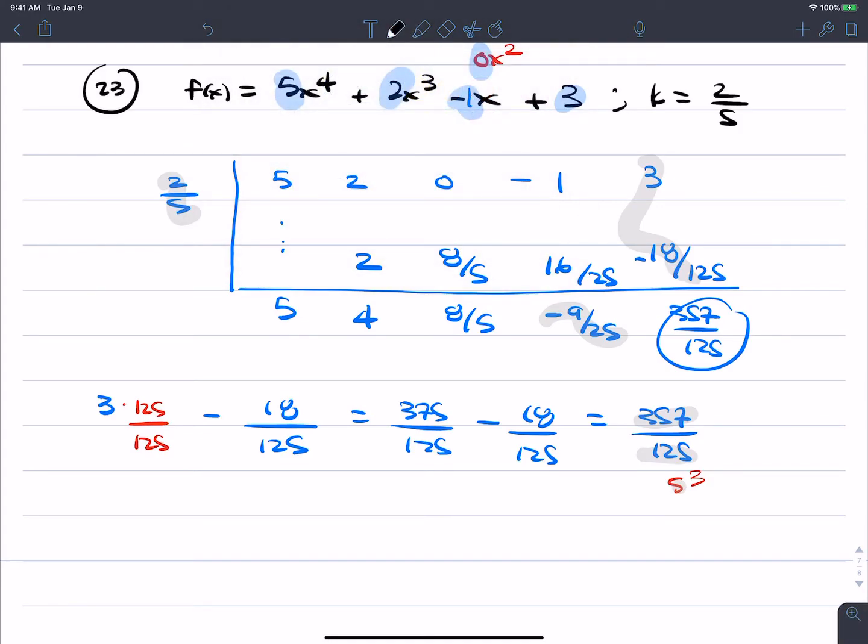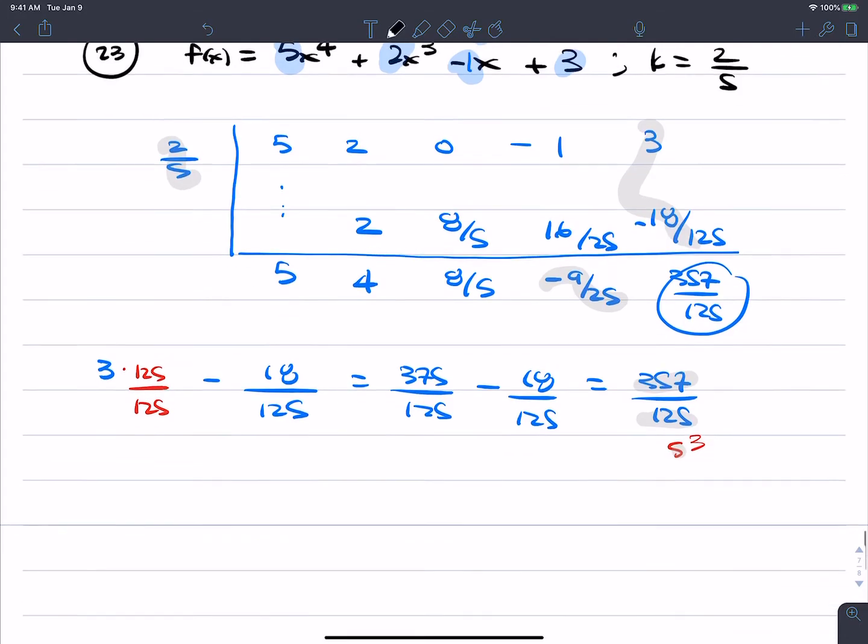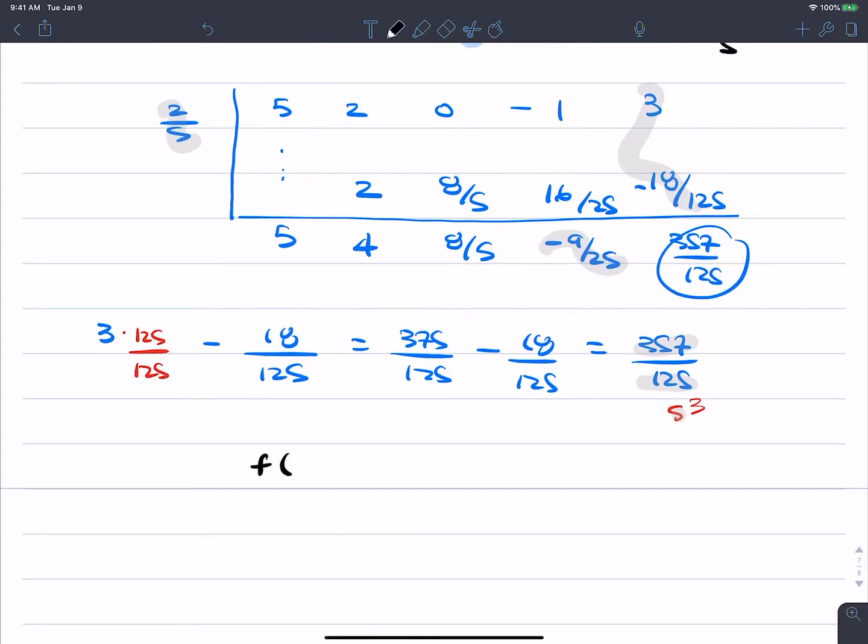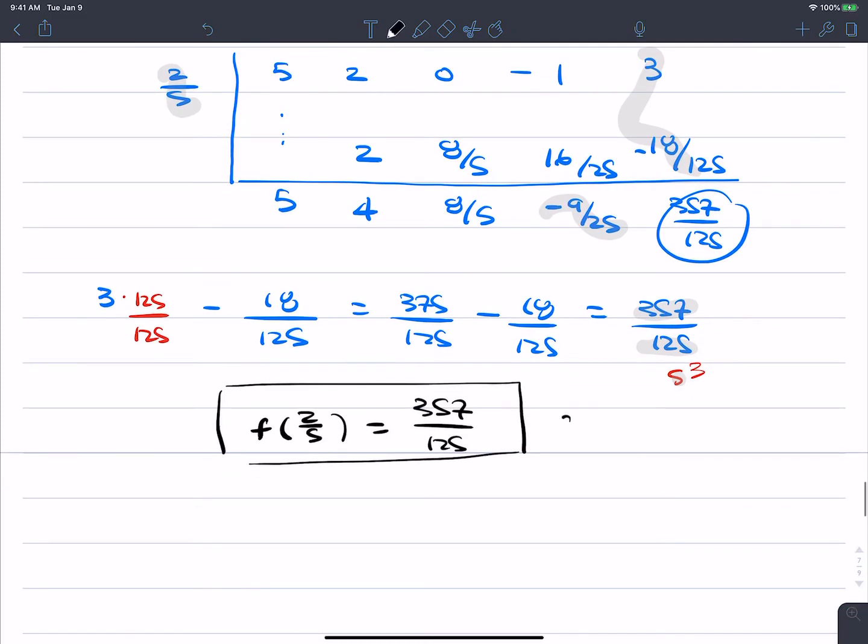So here's what we're going to say. f of 2/5 is 357 over 125. Remember, f of k equals the remainder.